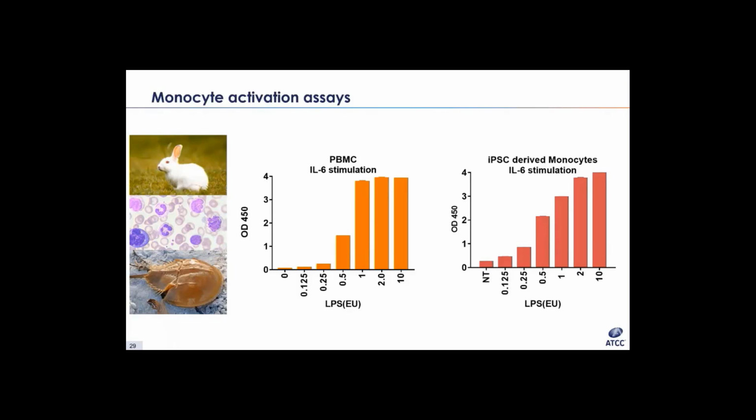Historically, there have been 3 tests used to determine the safety of these parenterals. The rabbit test is the first one I'll talk about. It involves subjecting rabbits to the biologic or parenteral and then monitoring for fever or death. Bad for the rabbit.